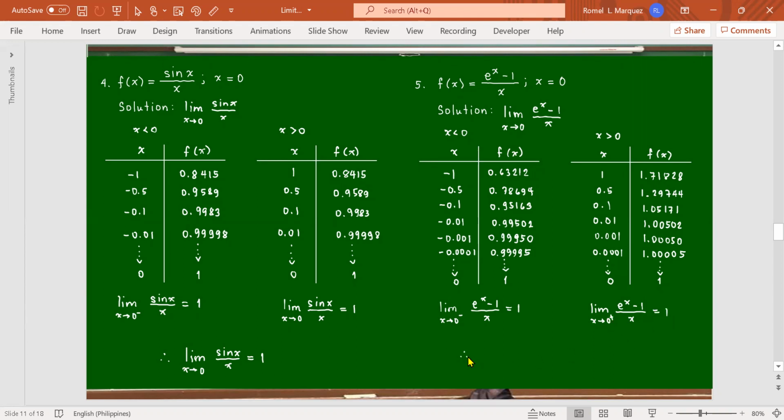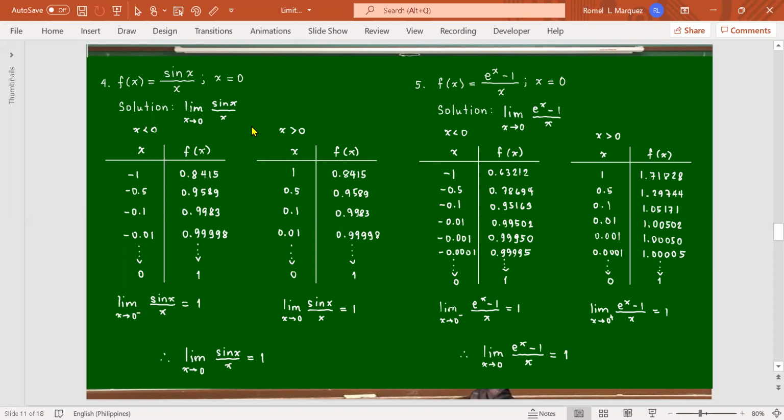So we can now say that, based on this behavior, the limit as x approaches 0 of e to the x minus 1 all over x is equal to 1. Okay? So this is how to find the limit of a function numerically.